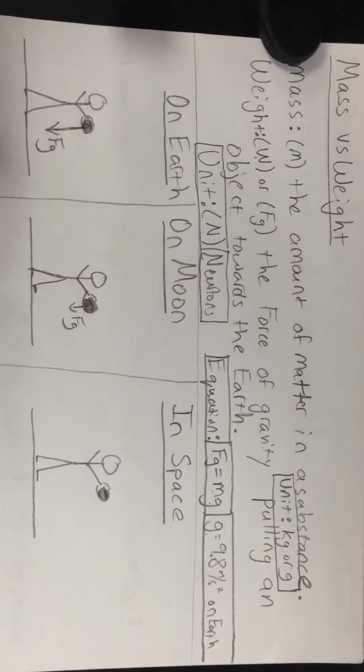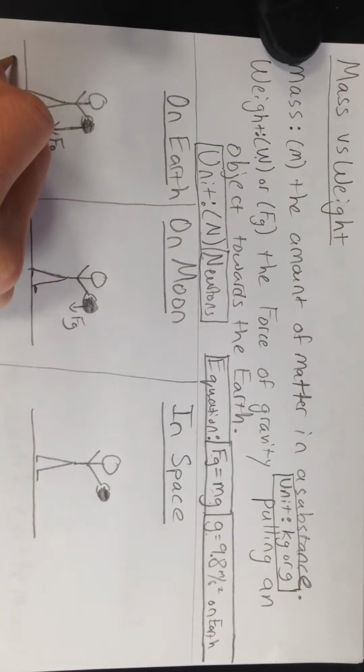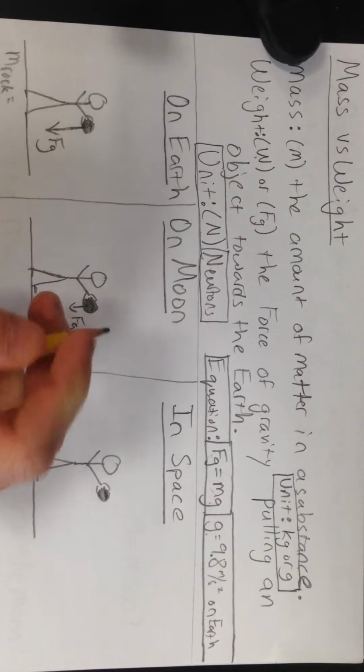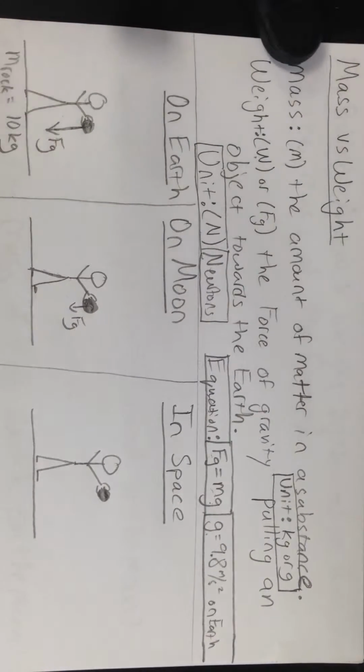Alright, so mass and weight are commonly confused, so we need to go over the difference between them. And the difference is gravity causes the difference, really. On Earth, say I have a rock, the mass of the rock is maybe 10 kilograms.